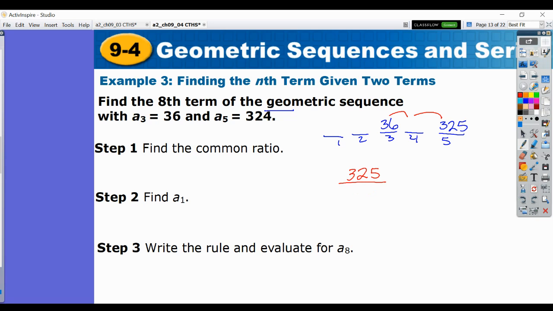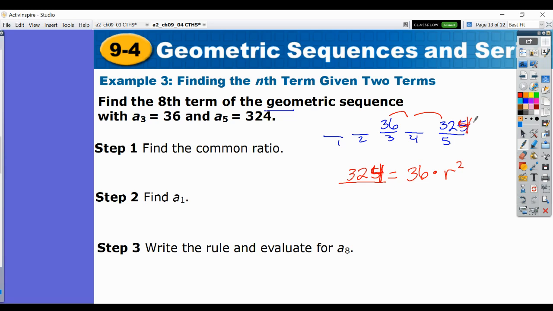Okay, so let's just do 325 as the 5th term, and we're starting with term 36. We would need to multiply by r squared, right? That is right. 324. It helps if you write the problem down right. 324 divided by 36. Okay, that's better.